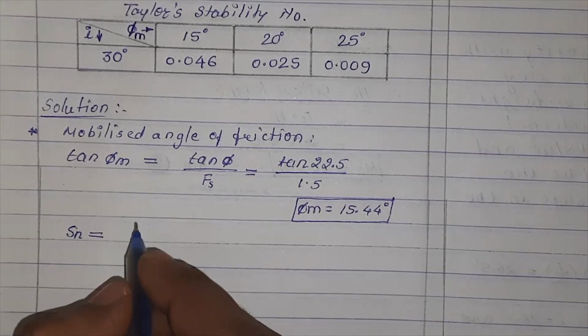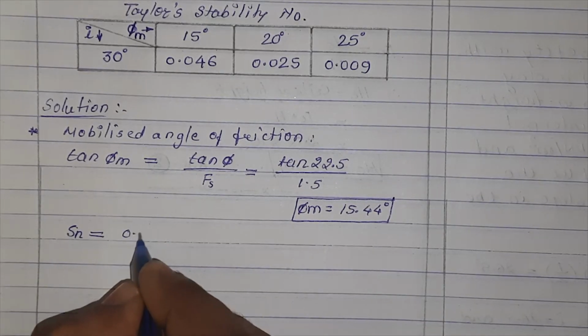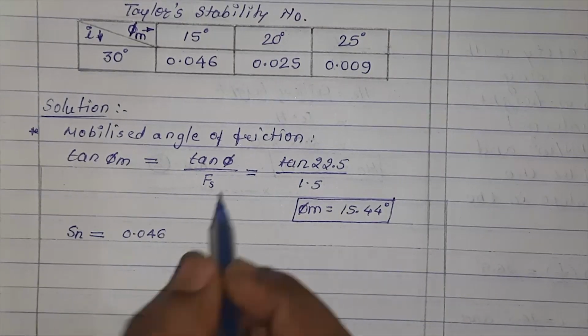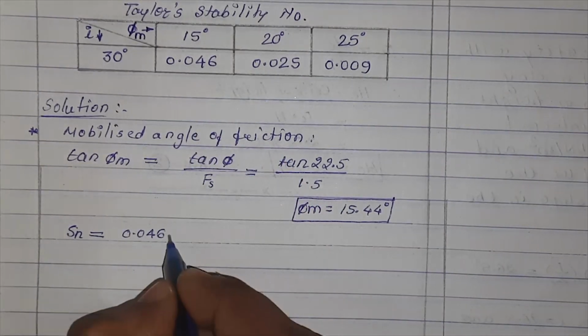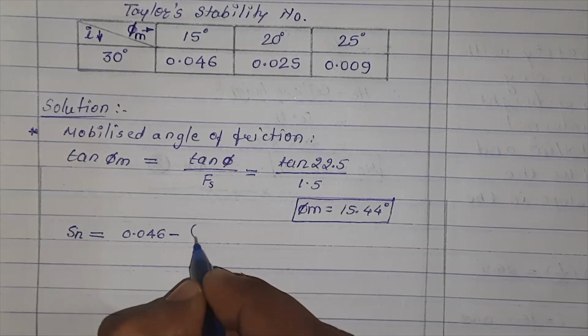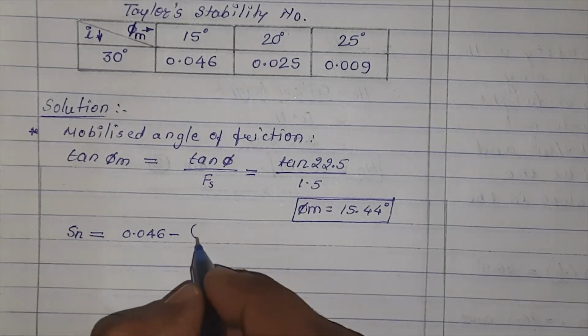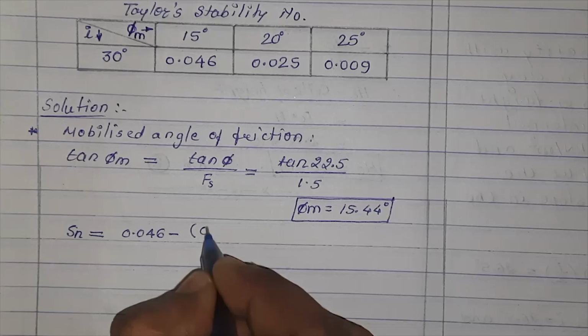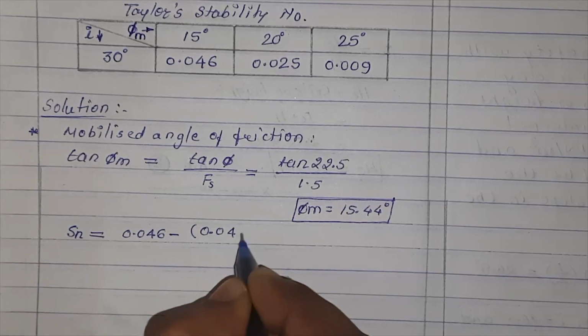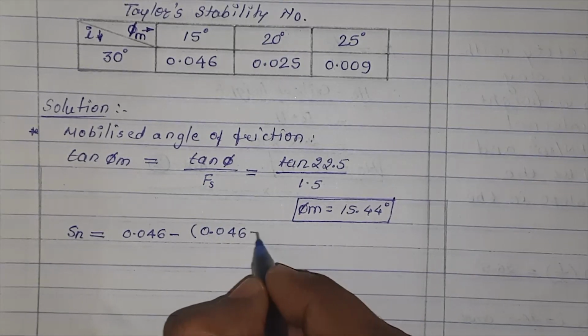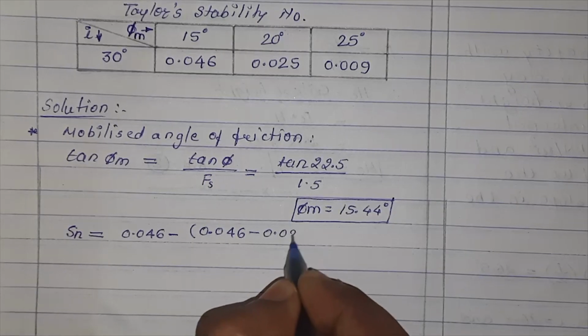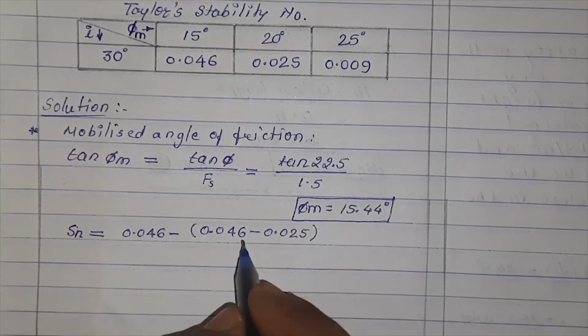So Sn equal to 0.046, this is for 15 degree, minus 0.025. Why?